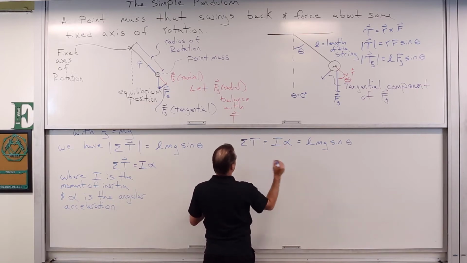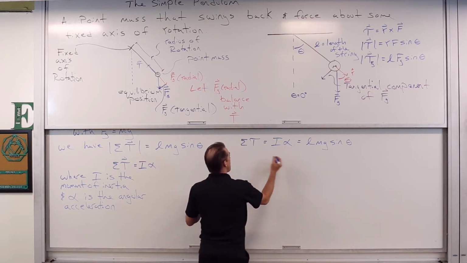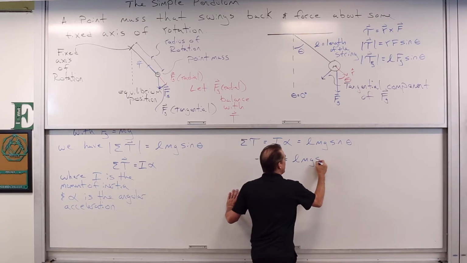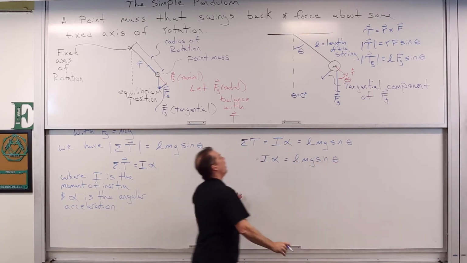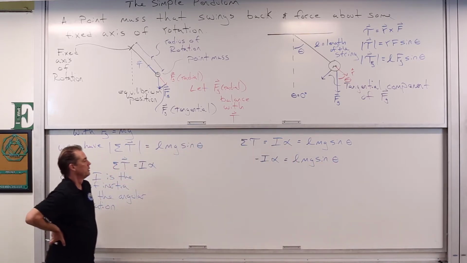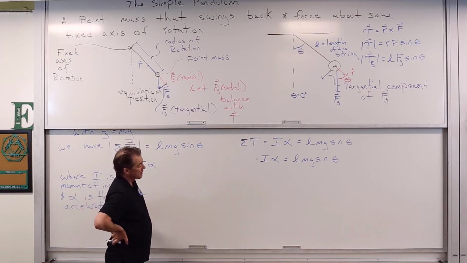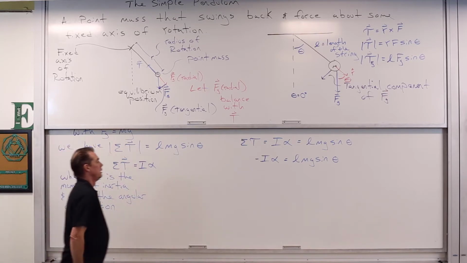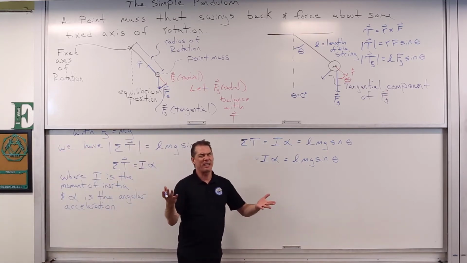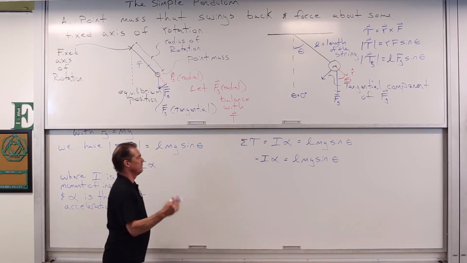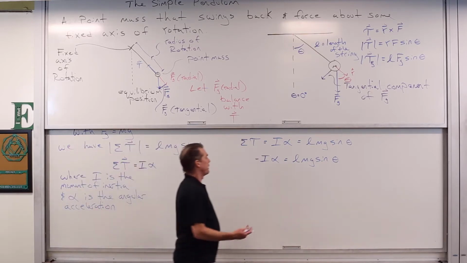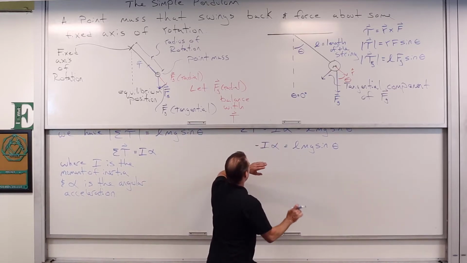The main point is that negative I alpha is equal to L mg times the sine of theta. We've got to sneak a negative sign in there because it's a restoring force, always back towards the equilibrium position, just like we had with the simple harmonic oscillator. The restoring force in that case was negative kx, the spring force, opposite direction of the displacement.